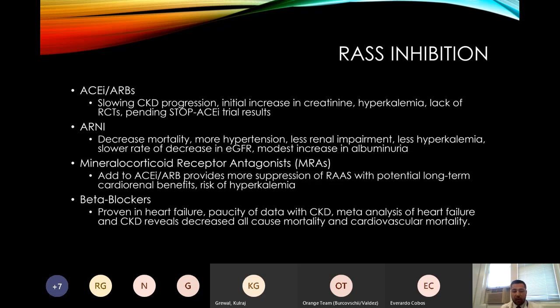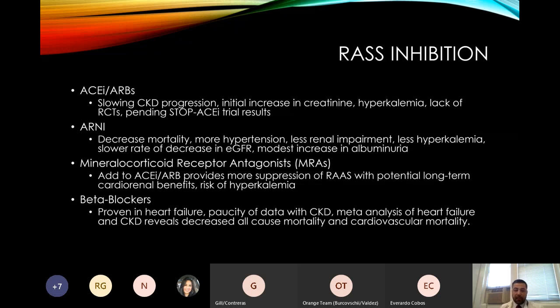Other things that have been studied are the ARNIs, with decreased mortality. There's more hypotension, less renal impairment, less hyperkalemia, slower rate of decrease in estimated GFR, and a modest increase in albuminuria. There are mineralocorticoid receptor antagonists, MRAs.